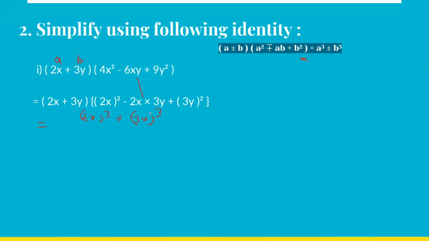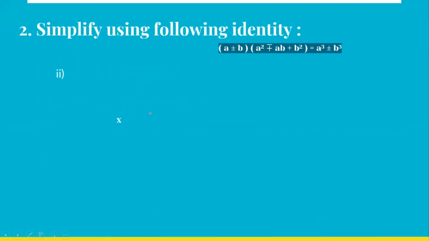Remember, the middle term for the next bracket is negative; it is the plus one. So what is the cube of 2? It is 8. So this becomes 8x cube; cube of 2 is 8 and cube of 3 is 27. That is how we get the final answer as 8x cube plus 27y cube. Got it? Let's solve the next question.